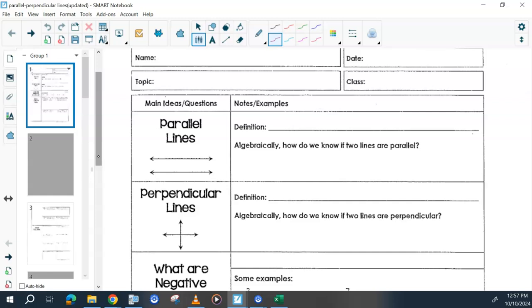What about it? Okay. So, in general, parallel lines are 2 lines that never cross or never intersect. But algebraically, we know 2 lines are parallel if they have the same slope.